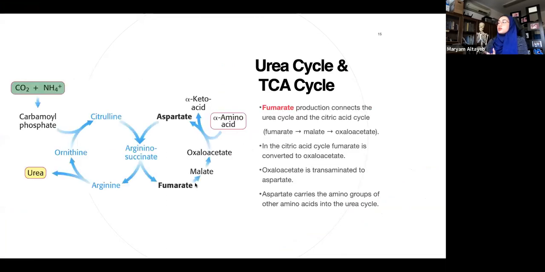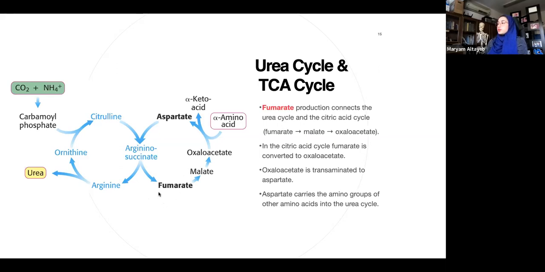Inshallah, everything's clear. So remember what I said about the TCA cycle, that fumarate is what connects the urea cycle, which is here, to the TCA cycle, or citric acid cycle, right? You should have learned about the TCA cycle in another lecture.